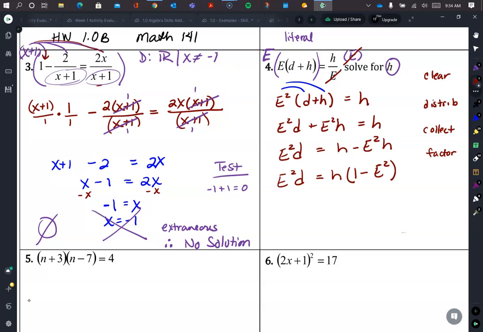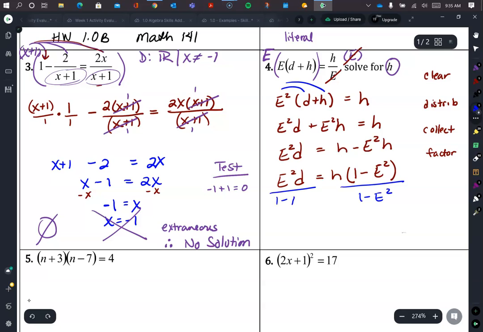Now to get h by itself, I can divide both sides by 1 minus e squared, 1 minus e squared over here. And then my final answer is h equals this part here, e squared d over 1 minus e squared.